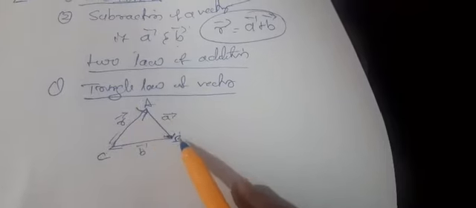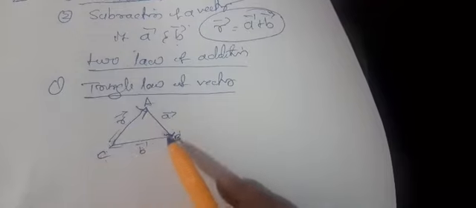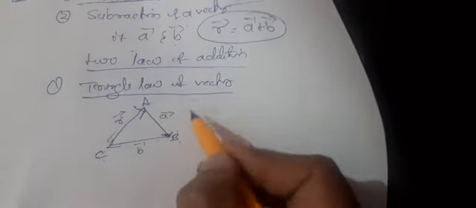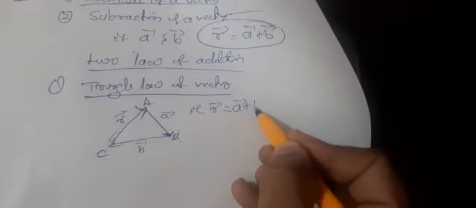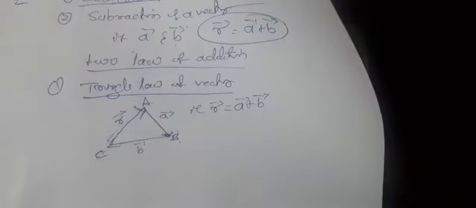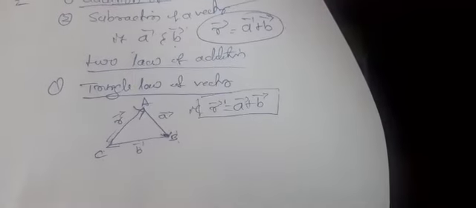That is, AB, BC and CA are the three sides of a triangle. It is given by vector R equals the sum of the adjacent sides, vector A plus vector B. That is the formula of the triangle law.